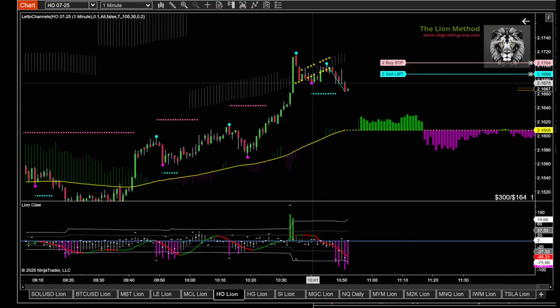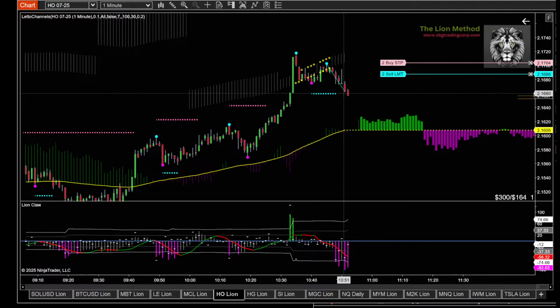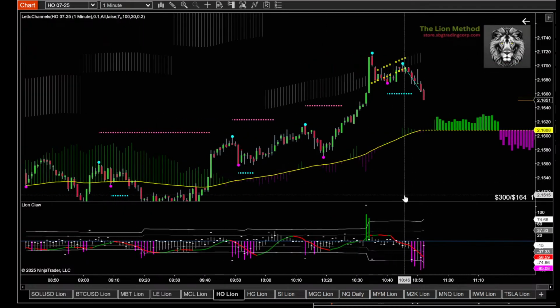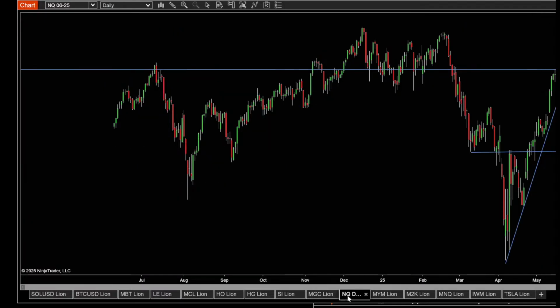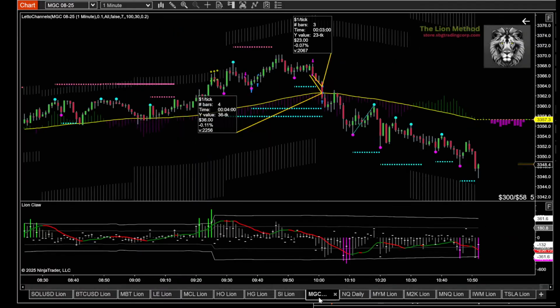Overbought. Look for this magenta. Sell that. We hit target. Hit it without me. Order canceled. It went there without me, guys. I was not present.